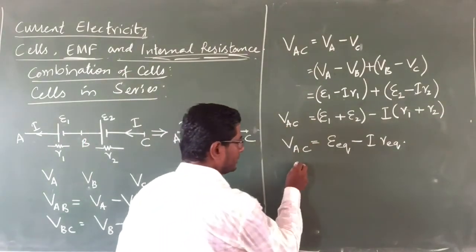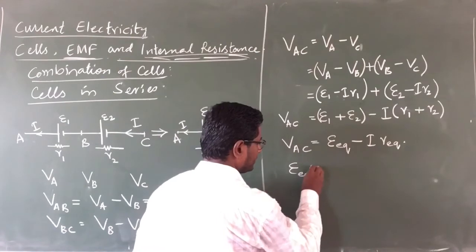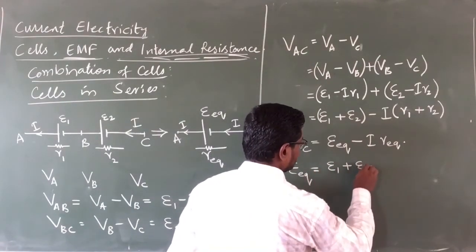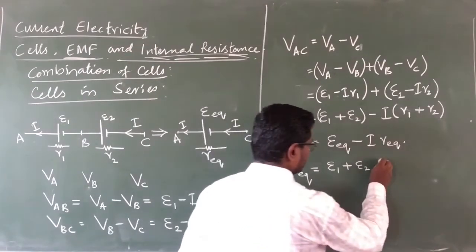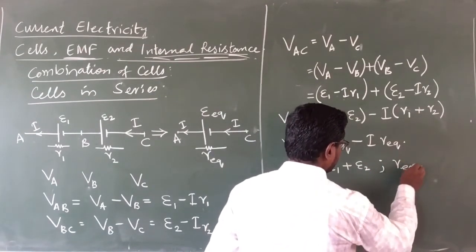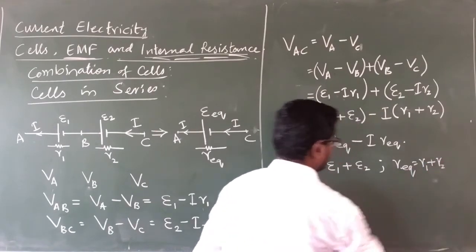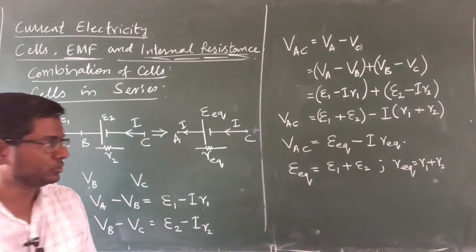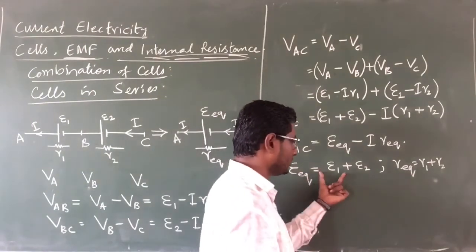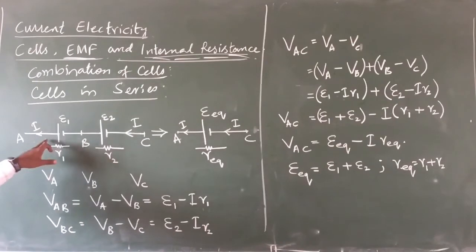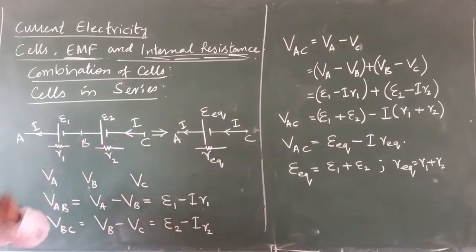So epsilon equivalent is going to be equal to epsilon 1 plus epsilon 2. Similarly, R equivalent will be R1 plus R2. So this is for two EMFs connected in series, or two cells connected in series.